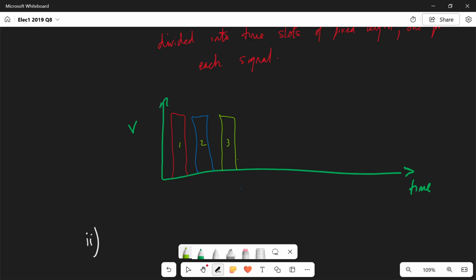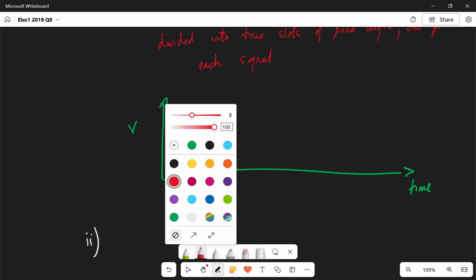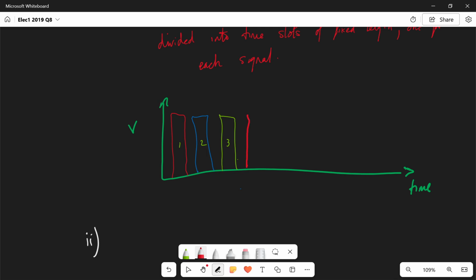And so they've got each individual time slots. But what you try to do is then repeat this process.